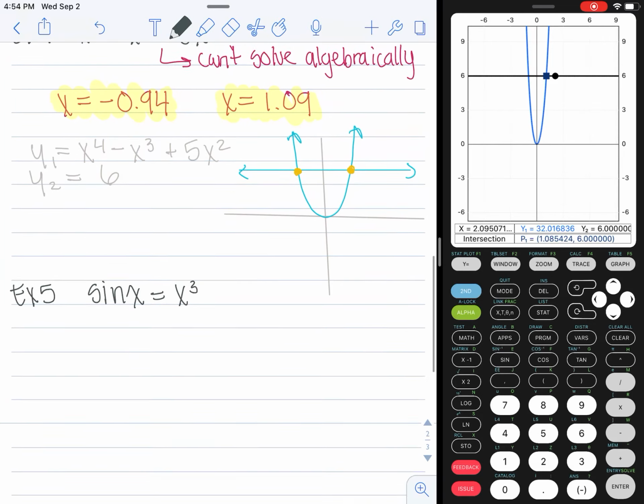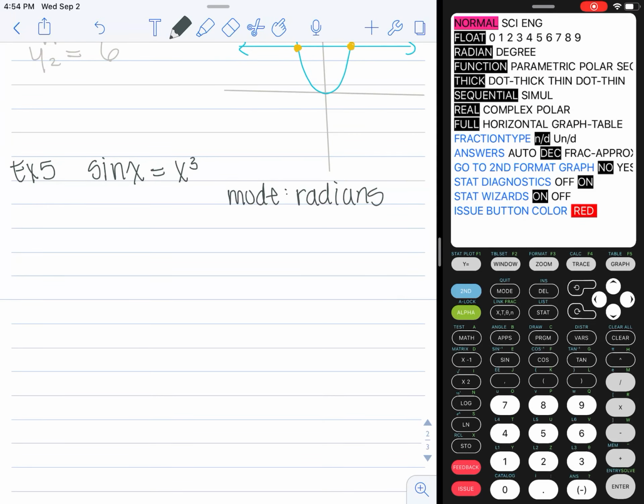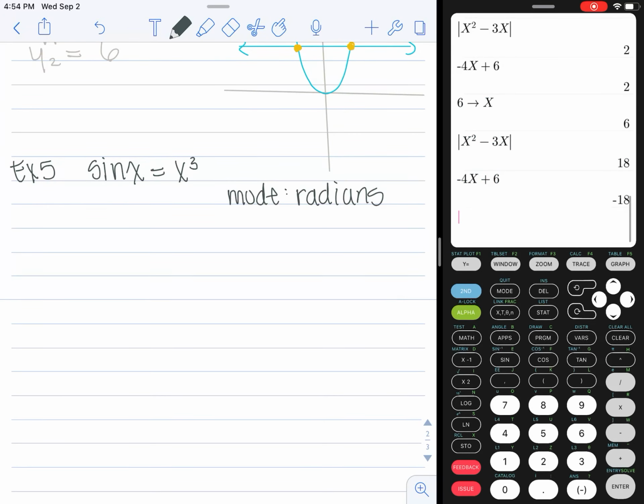The most missed question here, though, and people forget, is what mode am I supposed to be in? Well, guys, if you don't see any degree symbol in there, you're going to be in radians. So I'm going to check. Yes, I'm in radians. Good.